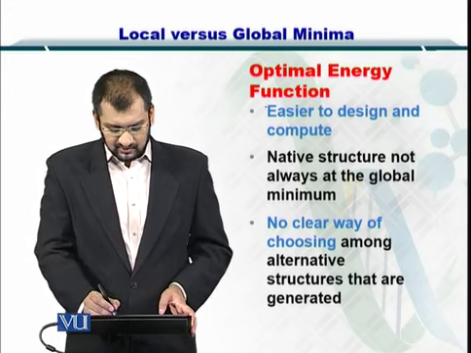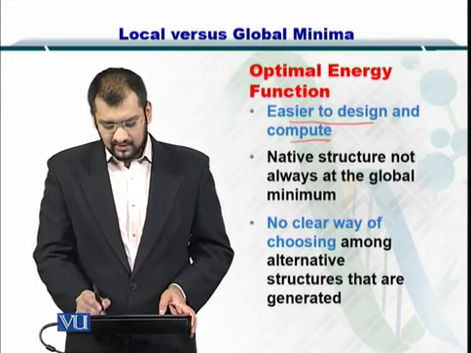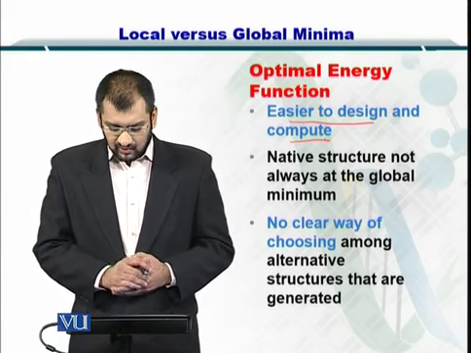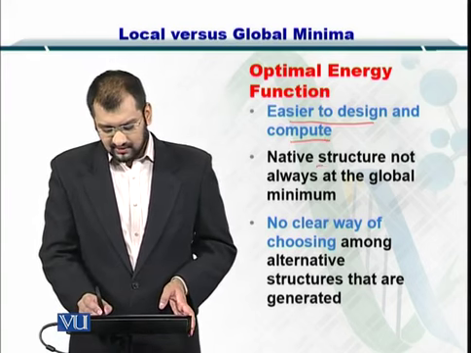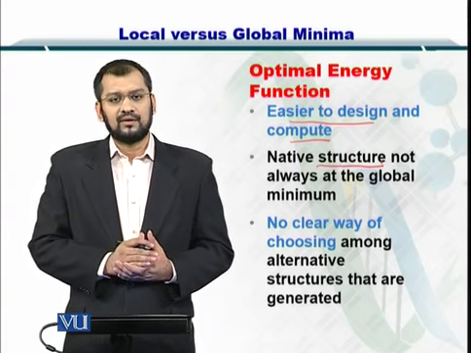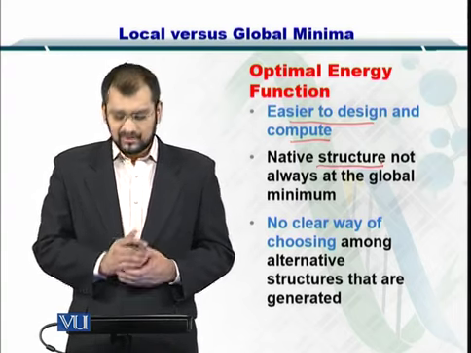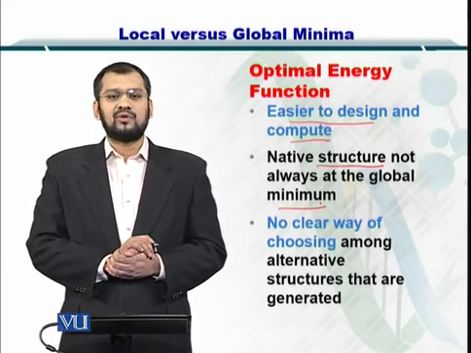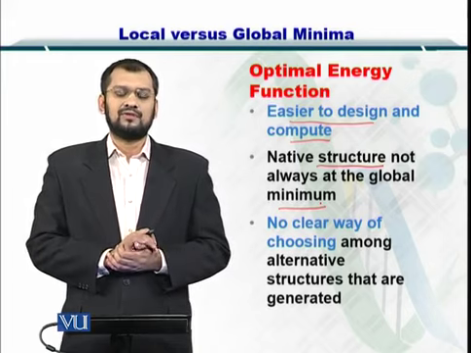So it is easier to design and compute, and therefore you can play with that function more easily. Also, as a result, the native structures that are reported from the prediction are not necessarily the global minimum structure, and there is no clear way of choosing between such functions.